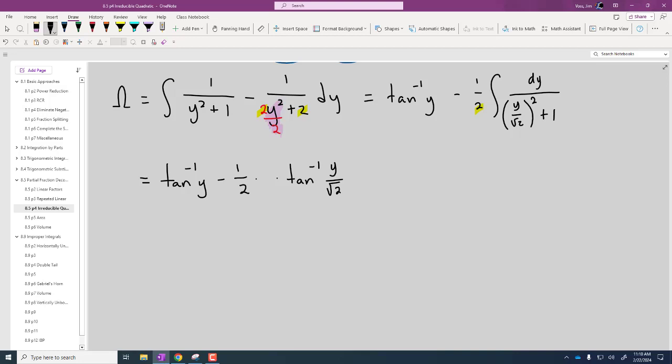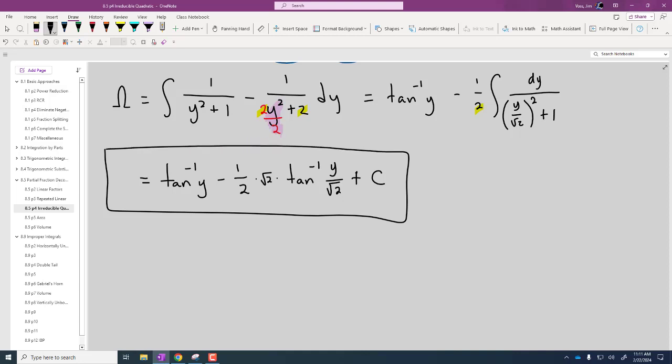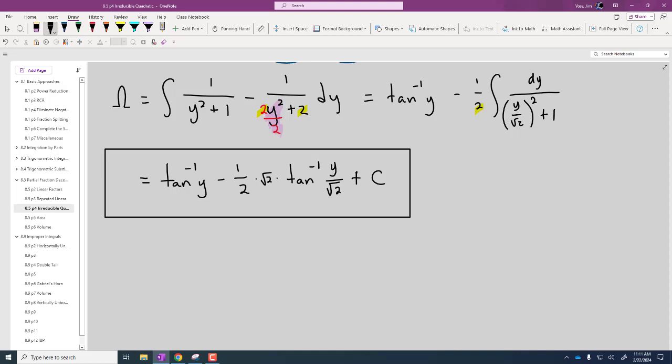What is the derivative of this quantity? 1 over square root of 2. Dividing by 1 over square root of 2 means multiplying by the reciprocal, so that means multiplying by square root of 2. And we could combine this and make that a root 2 over 2, but that's about it.